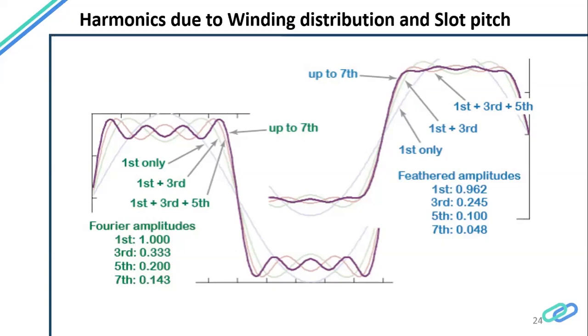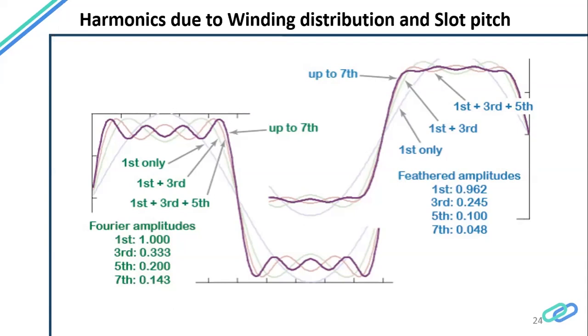So the fundamental is what we are keen on. All the remaining contribute to the losses, and those are very detrimental to the whole electric drive, or the vehicle as such, because there will be EMI/EMC issues with this. So there are many bad effects of these harmonics.